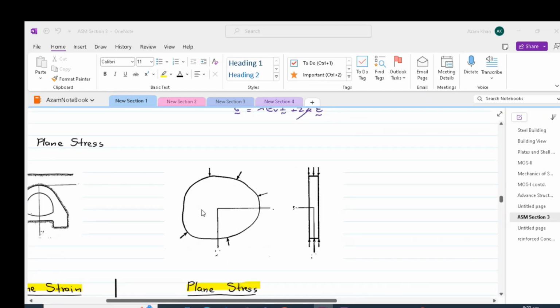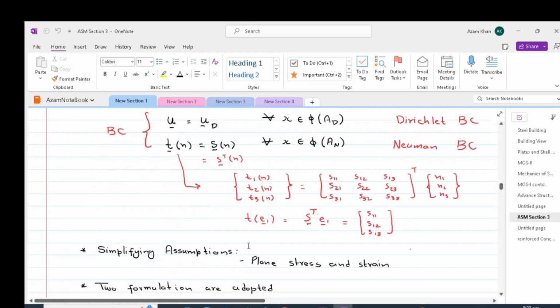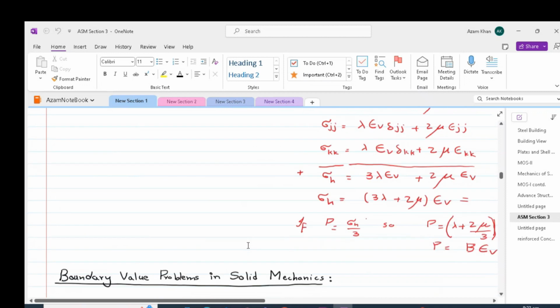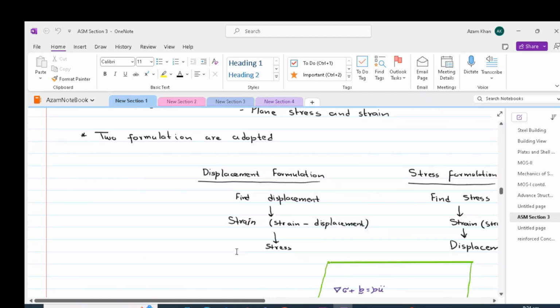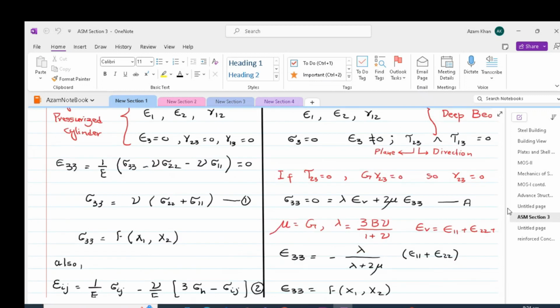We have derived the general stress and strain equation above. So our stress equation is σij equals λ εv δij plus 2μ εij. This equation can be rewritten by making the stress in the 3 direction equal to 0.